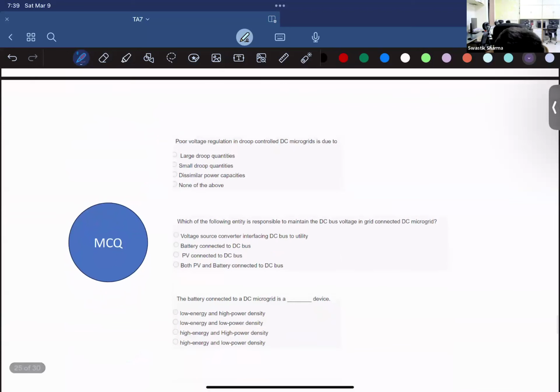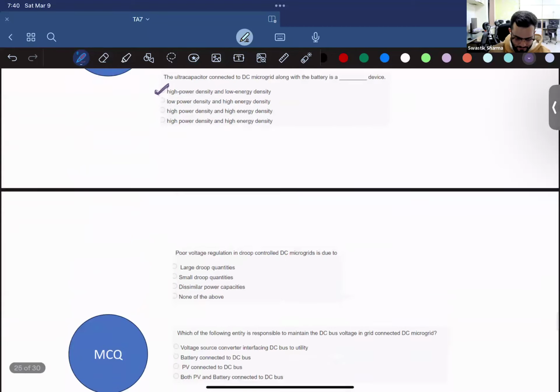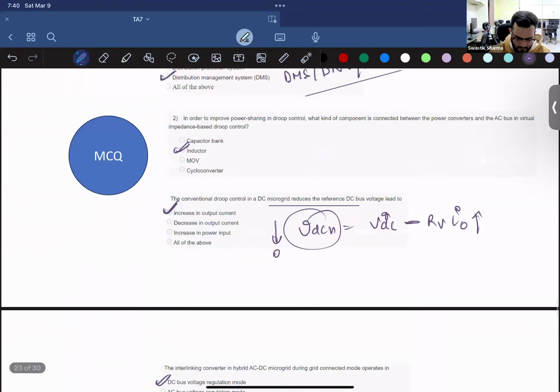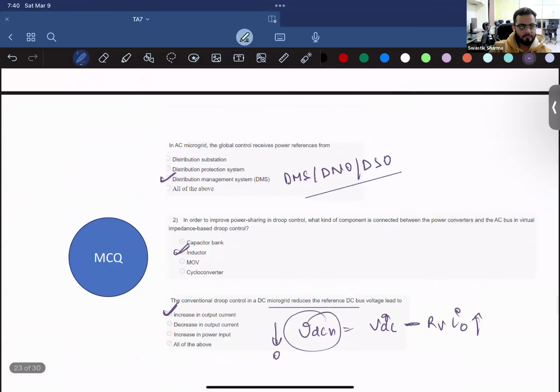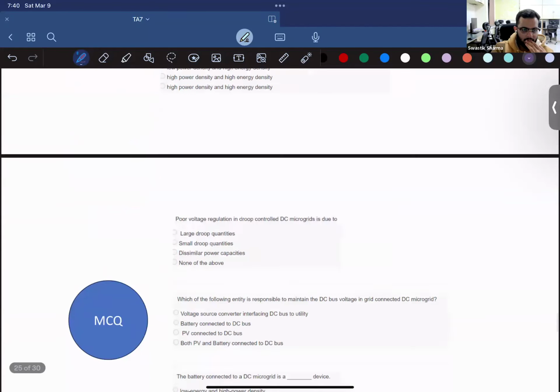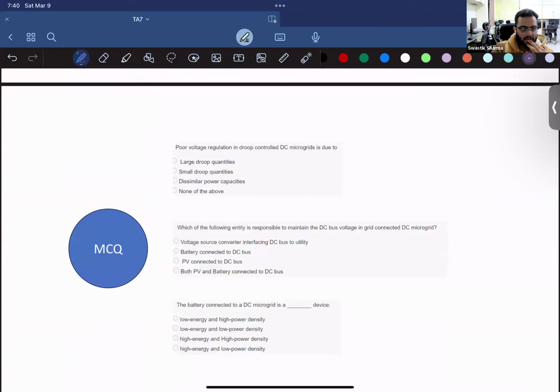So poor voltage regulation in group control DC microgrids is due to. So if voltage regulation is poor, that means voltage deviation is. No one can tell me. So what is voltage regulation?